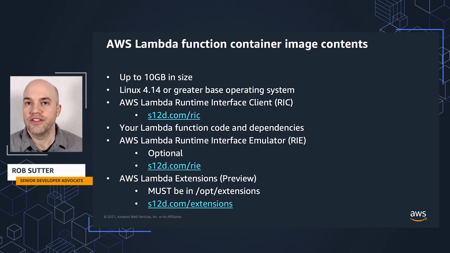AWS Lambda extensions are a preview feature that allow you to run code alongside your Lambda function, register and listen for events, and send those events to destinations of your choice. It's important to note that extensions must be executable and they must be placed into the directory /opt/extensions to run. For more information on Lambda extensions, see s12d.com/extensions.